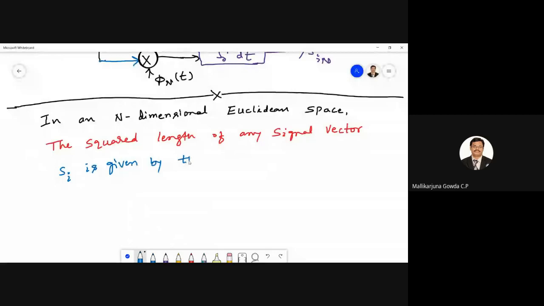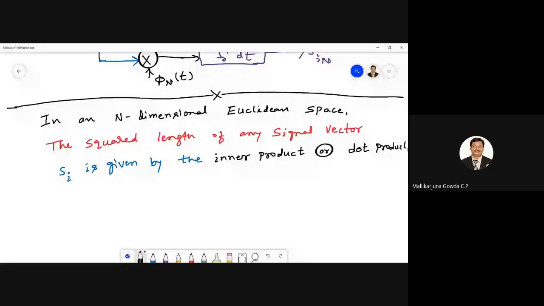I hope you all know what is inner product. How do you find the inner product? Inner product or dot product of the signal vector Si with itself.